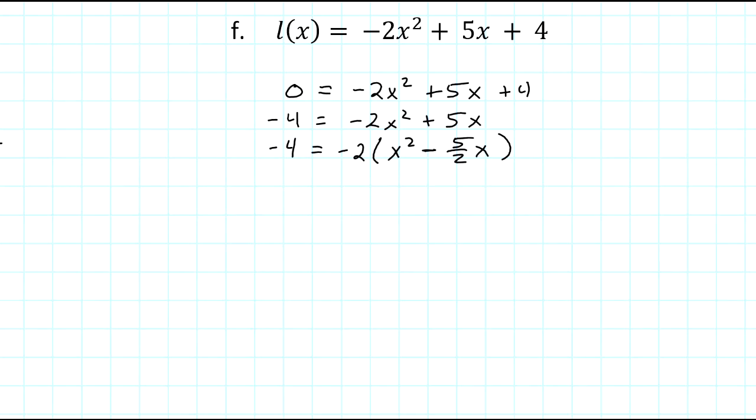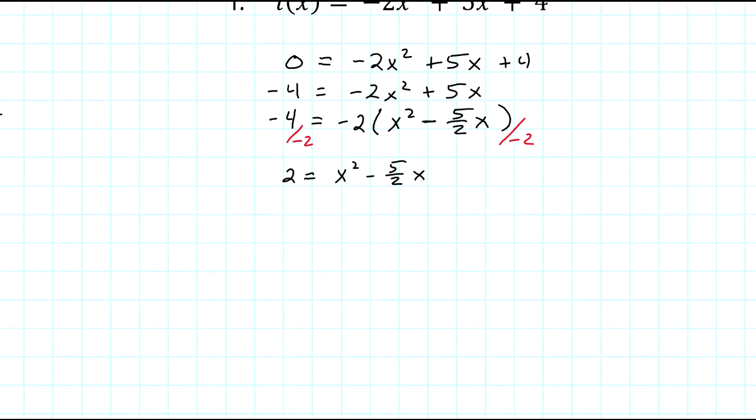The 2's would cancel there. So I'm just dividing that 5 by the negative 2 to get the negative 5 halves to force factor that. We'll then divide the negative 2 off so that we get 2 equals x squared minus 5 halves x.